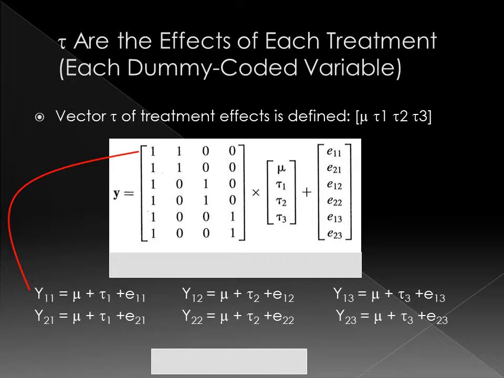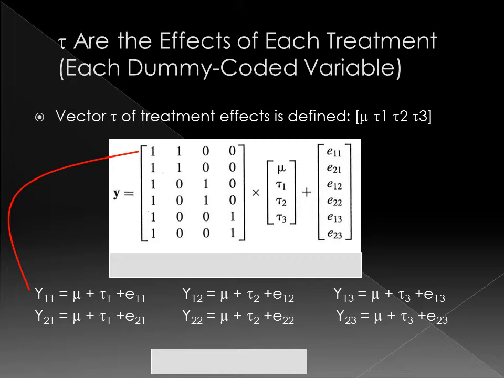For the first person, we will use Y11 to indicate the first person's score. The first one meaning this is the first person, the second one meaning this is the first group.